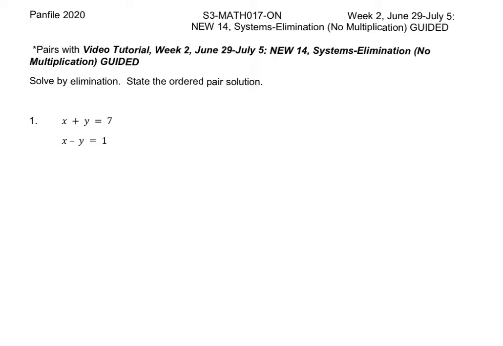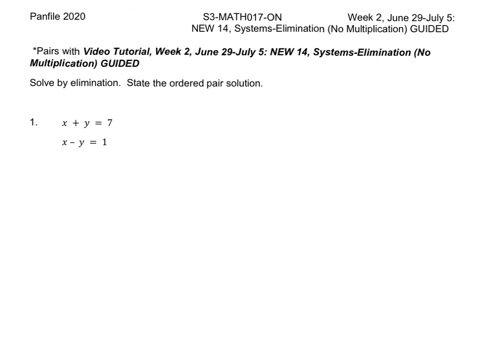State the ordered pair solution will always be part of our directions, even if you don't see it, because anytime you are solving a system that has two equations, you will have an x and a y. It is a location on that graph, and even if you're not graphing, you are still finding an x and a y. 2 equations, 2 solutions, 3 equations, 3 solutions, 12 equations, 12 solutions, right?